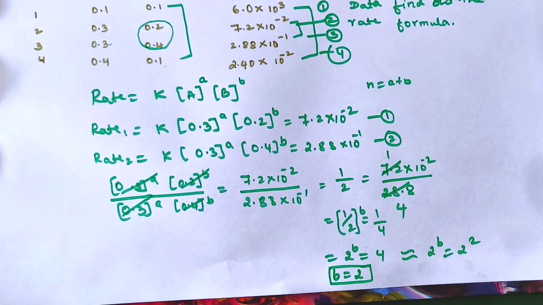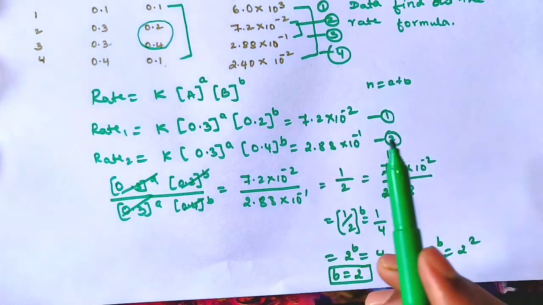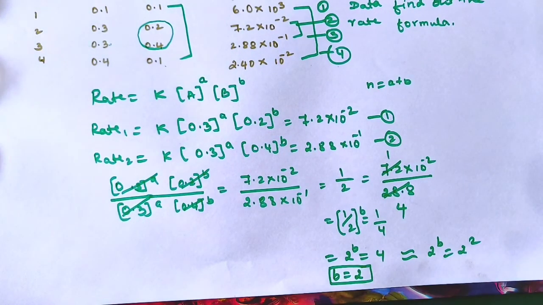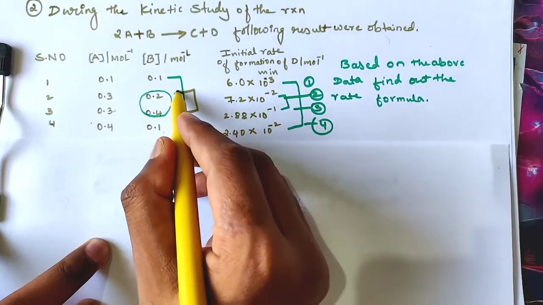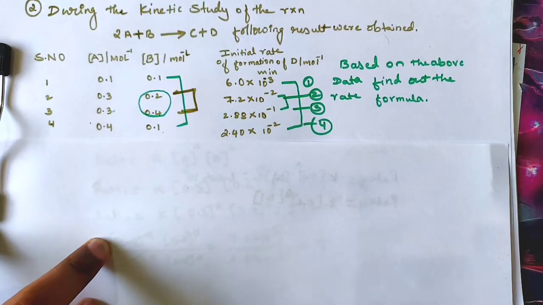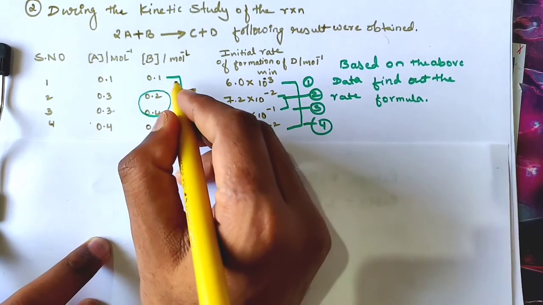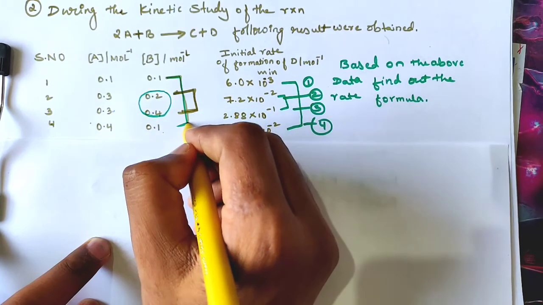We got b. So the same thing we have to do for a. Afterwards we can find out the order and write the rate equation. So by using equation 2 and 3 we found the value of b. Now we have to find out the value of a. So we have to divide equation 1 with 4.